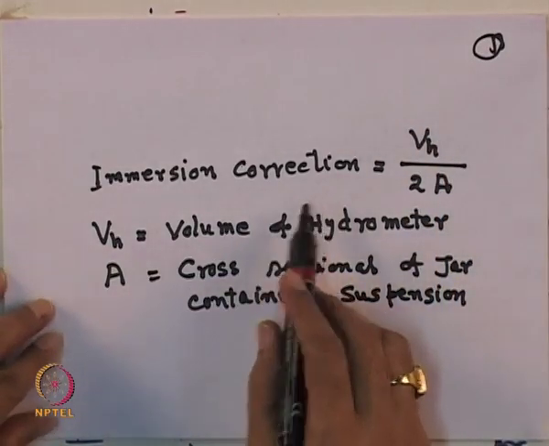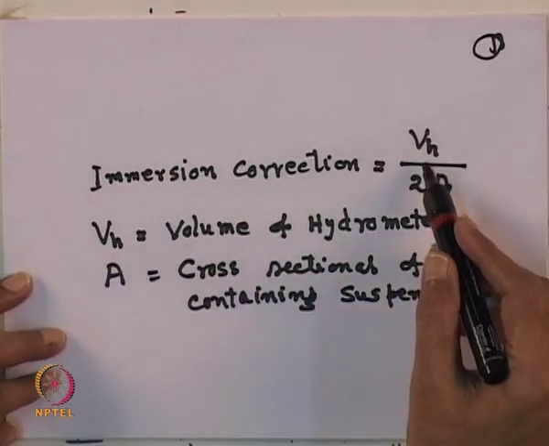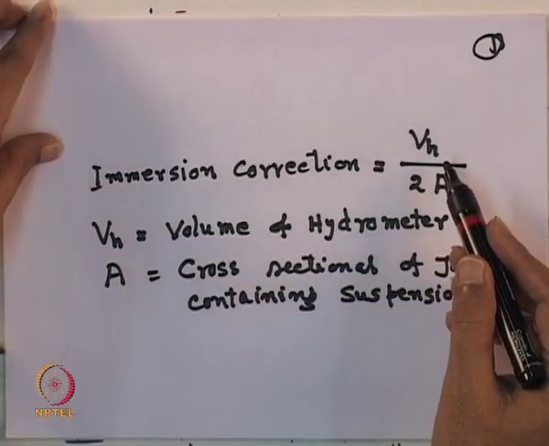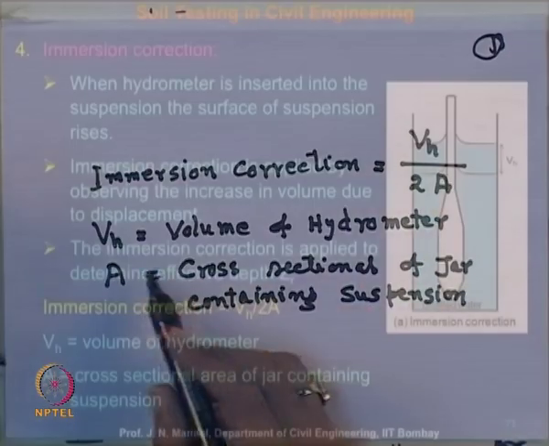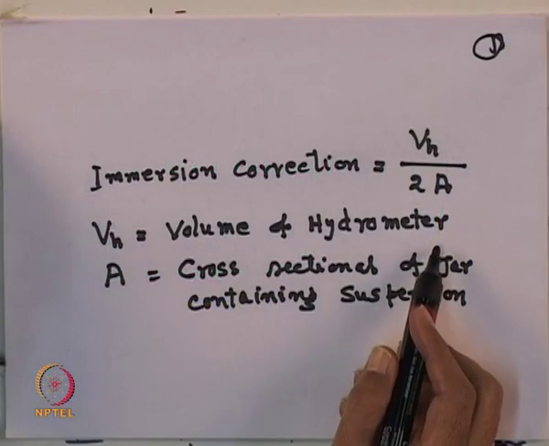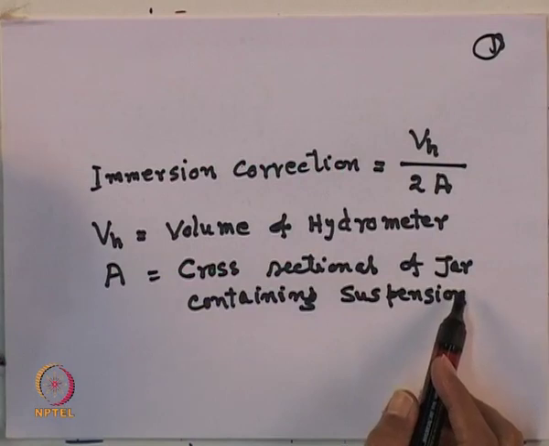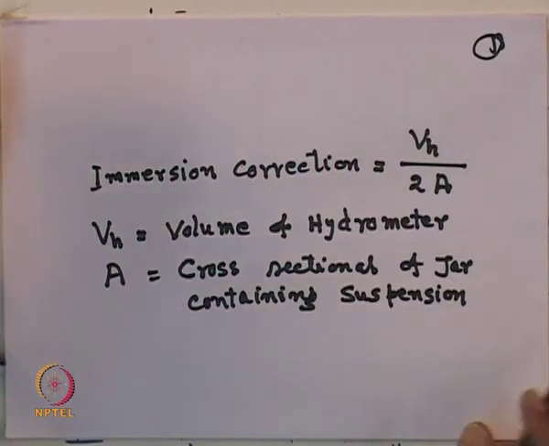So, for immersion correction, we can use this equation, VH by 2 of A, where VH is the volume of the hydrometer and A is the cross section of the jar containing the suspension.